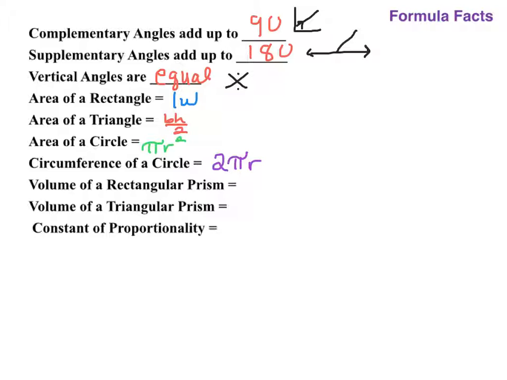Volume of a rectangular prism, length times width times height. Volume of a triangular prism we just did, base times height divided by 2 times height, the 3D height. And constant of proportionality is y over x.